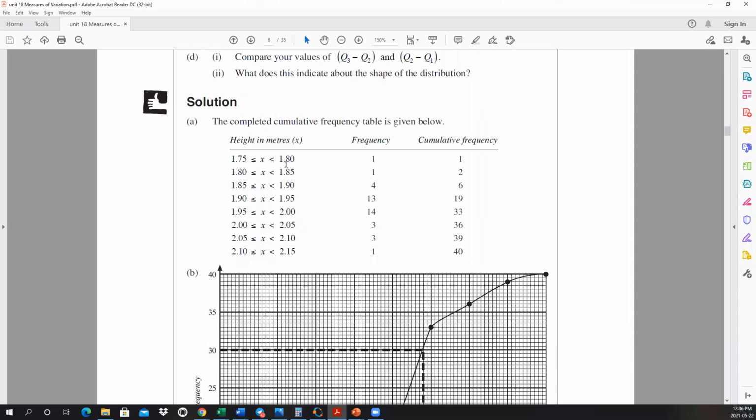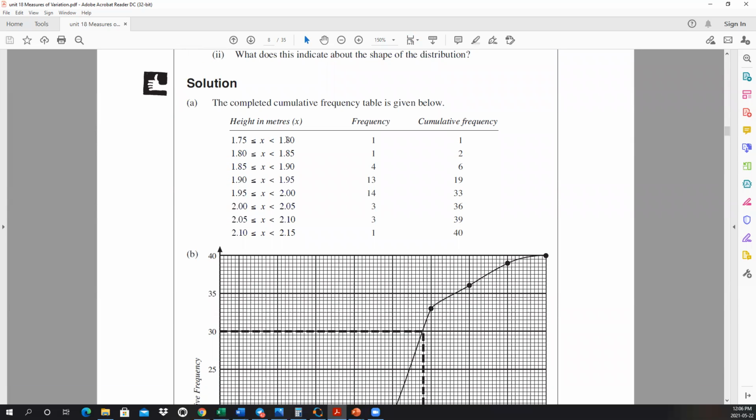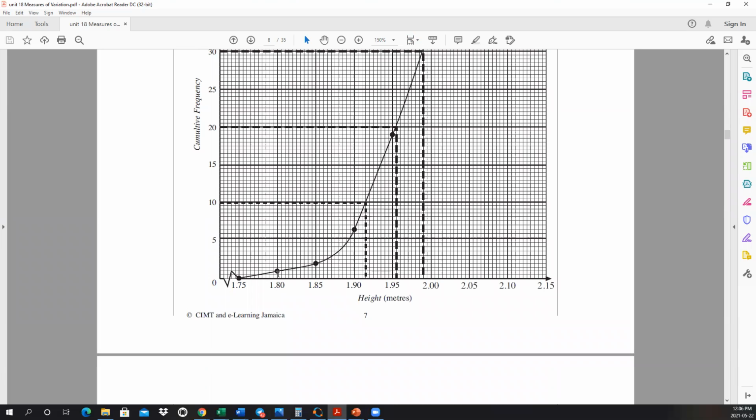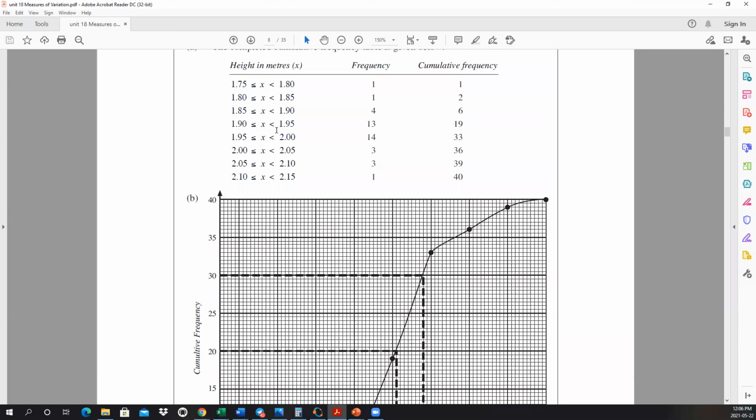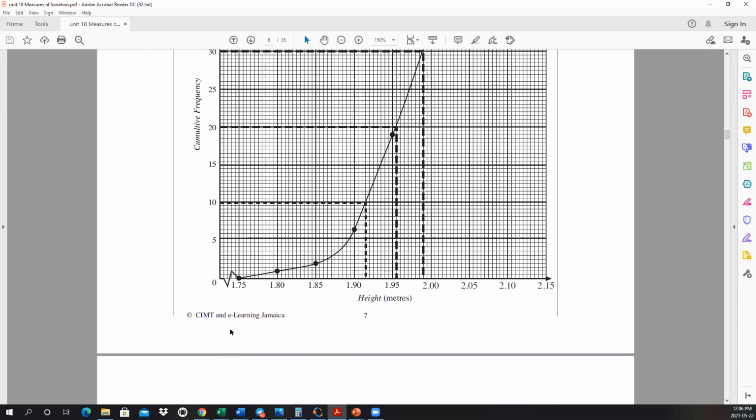You use the endpoint, as I said before, you write the endpoint as the X coordinate, and your cumulative frequency figures as the Y. So this is 1.8 for X and 1 for Y. So it goes up a little bump, 1.8, but the one before it you put at 0. So 0, 0 for your Y and 1.75 for your X.